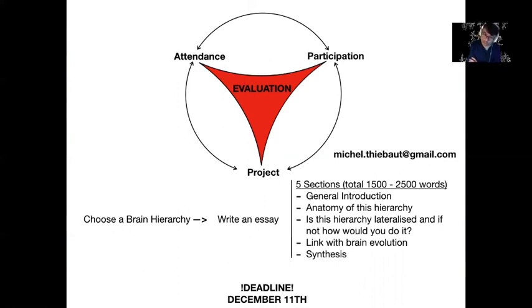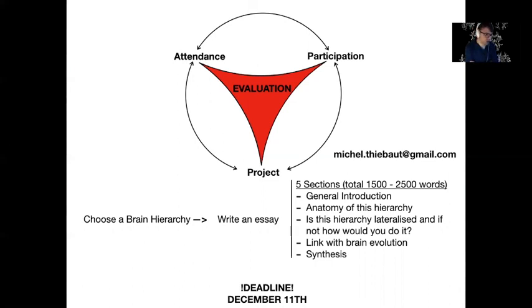What is important is that you write 1,500 to 2,500 words about it, not including the reference section, but still including references. I'll need you to write these 1,500 to 2,500 words in 5 different sections, no matter the size.